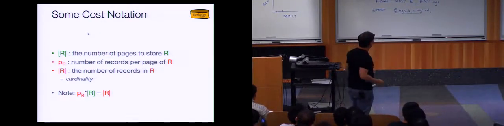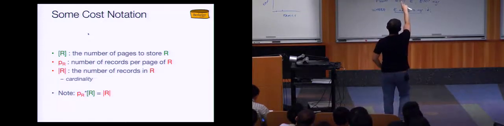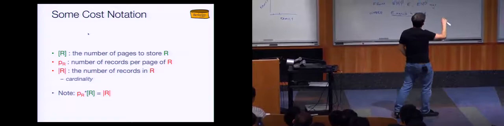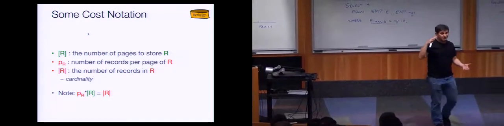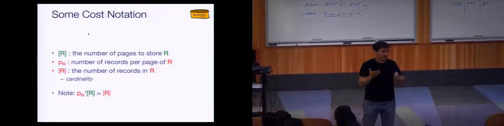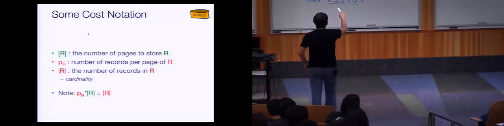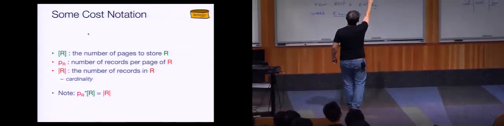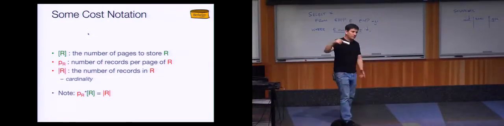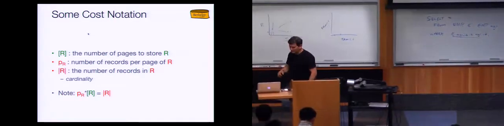Little p sub R is the number of records per page of R. The traditional vertical bars around R is the number of records in R. It's the cardinality of the set. So R is a set of tuples, and vertical bars R is the cardinality of that set. It's the number of rows in the table. And you note that the number of tuples per page times the number of pages equals the total number of tuples. Okay. So simple stuff, just some definitions.